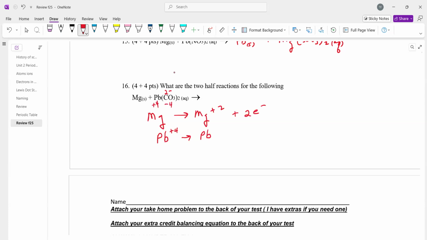That makes this has to be +4. So this is a net 0. So that means the left has to be net 0. So that means that's 4 electrons we need.